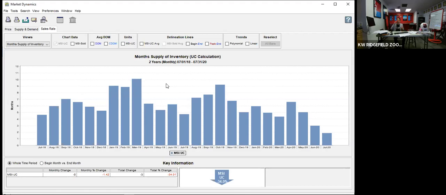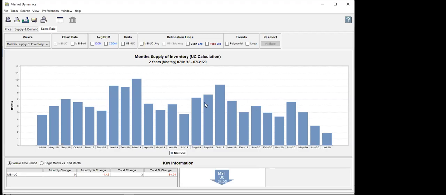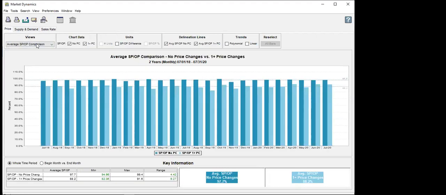So if you have pockets in a town or a city that really do make a difference, it's crazy important to run that. And so again, I'm going to push you into the MLS for that because you can get specific around that better than BrokerMetrics. Can you show us the list price to sale price? Can you show us that graph just real quick?